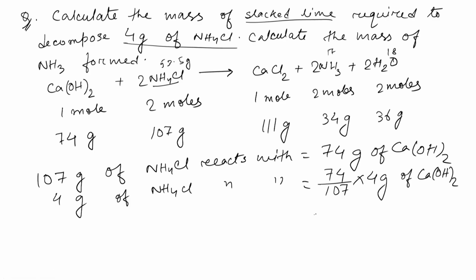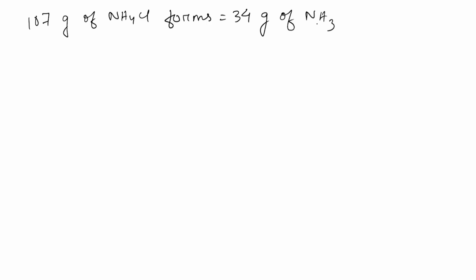So, this comes as 2.766 grams of calcium hydroxide. Okay, and calculate the mass of ammonia formed. So, 107 grams of ammonium chloride forms 34 grams of ammonia.